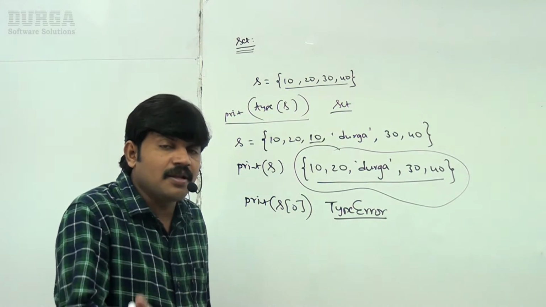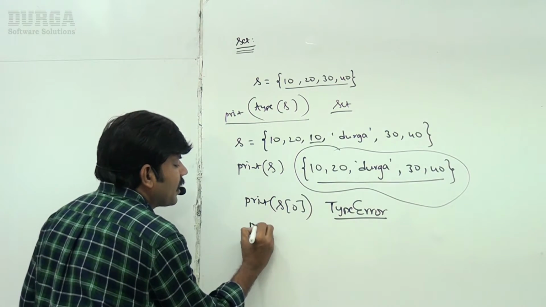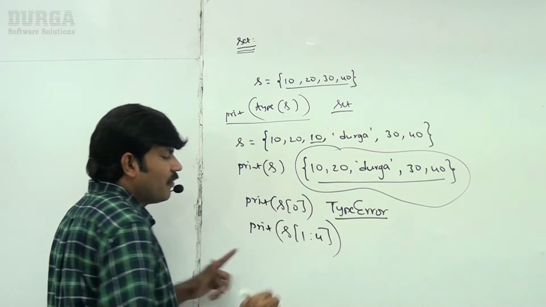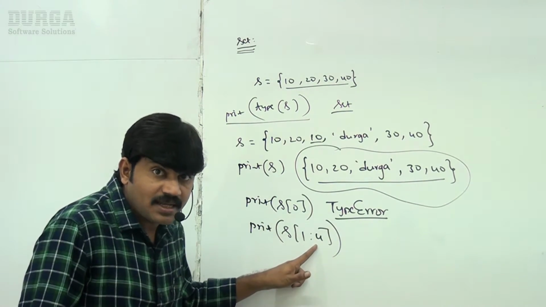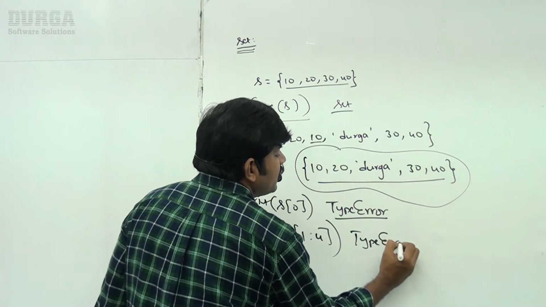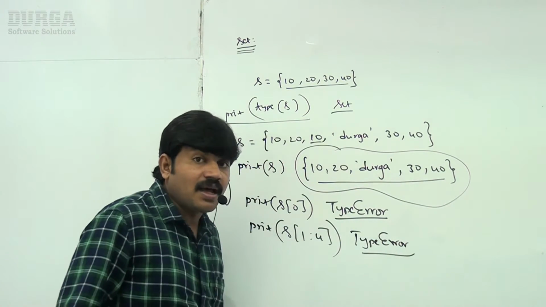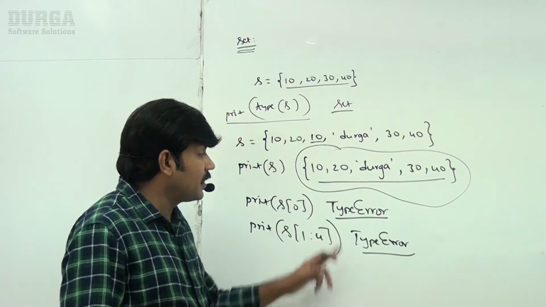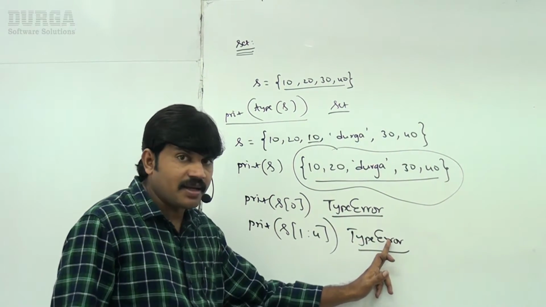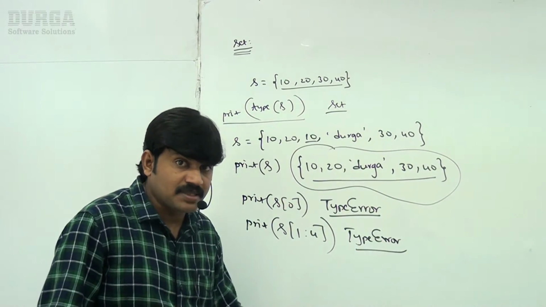Indexing is not applicable. The same story applies for S of 1:4. What is this? The slice operator. Now also we are going to get a type error saying set is not subscriptable. Like here, type error, index is not applicable for set. Next, type error, set is not subscriptable.